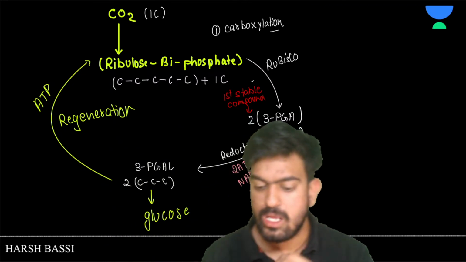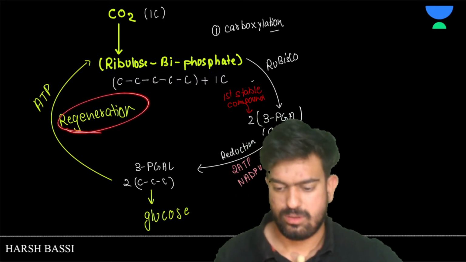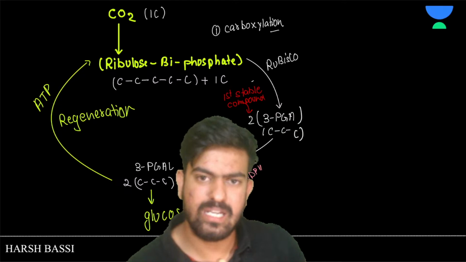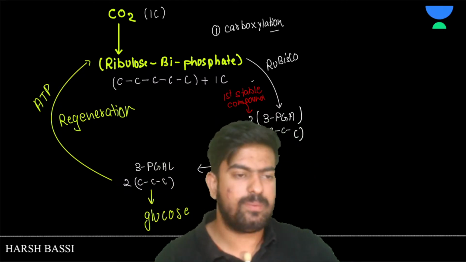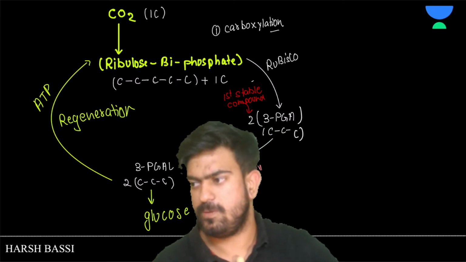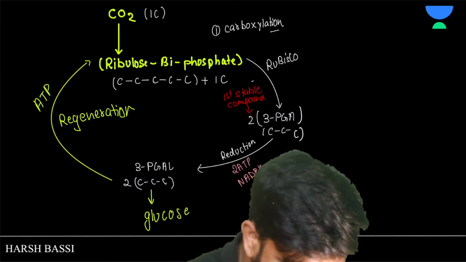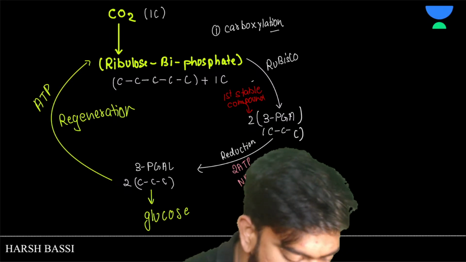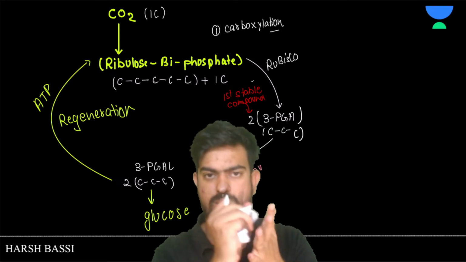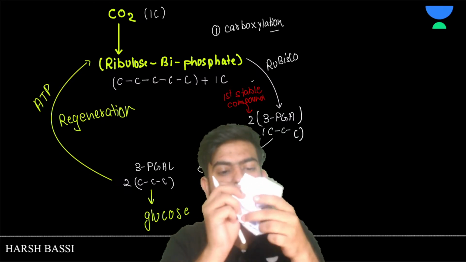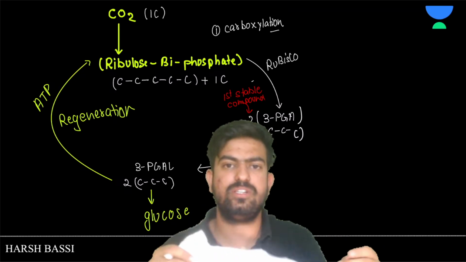Okay, great. Now see, sir, you said regeneration. Okay, sir, I am fine with this. What does regeneration mean? See, if I crush this paper and then try to make it back into a normal sheet, this is regeneration.